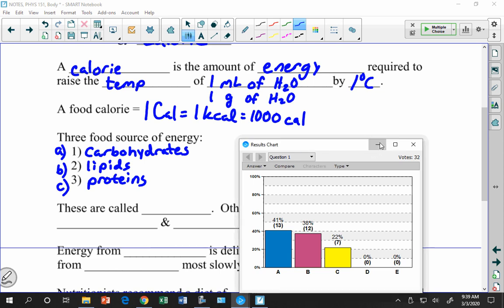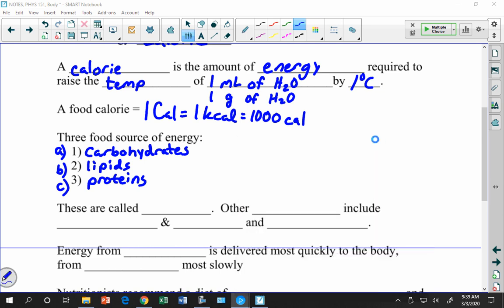Would it change your answer if I told you that lipids is really just a fancy word for fat? Do you know which of those is the most energy dense? Fats are the most energy dense.